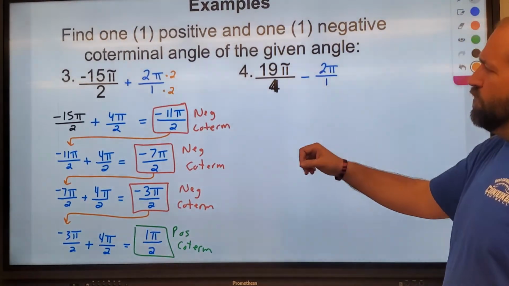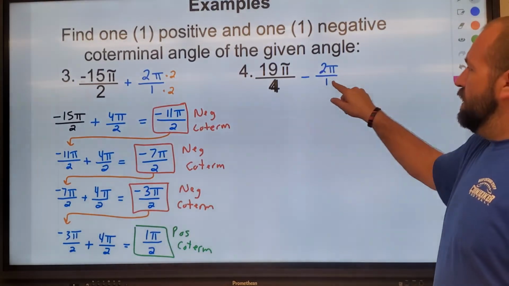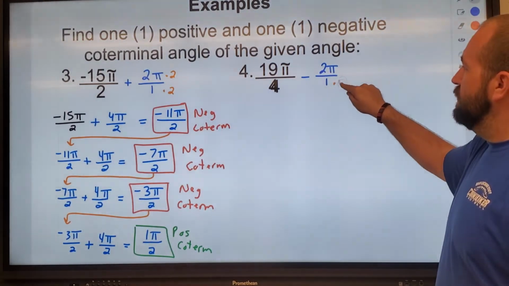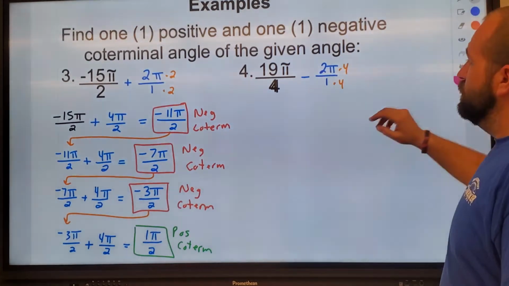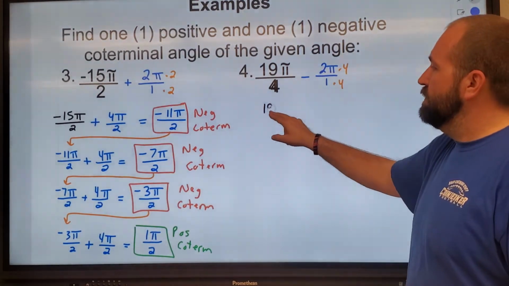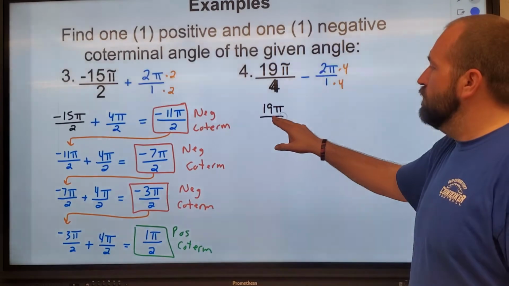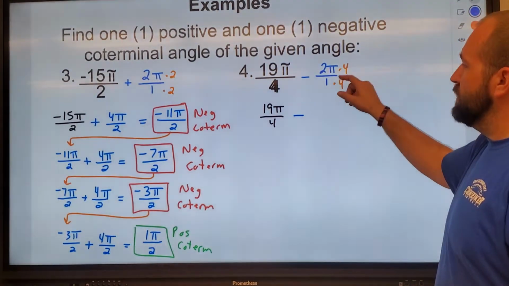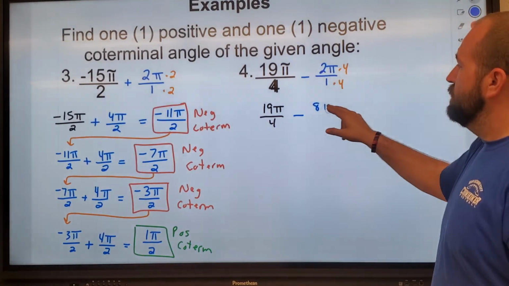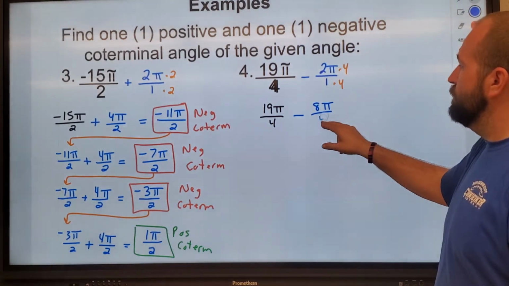I'm going to multiply both here and here by 4, which gives me 19 pi over 4. And I'm subtracting now. 2 times 4 is 8 pi over 4.